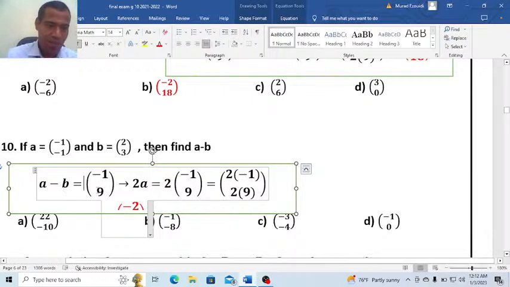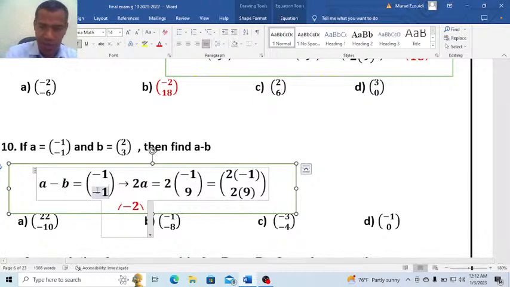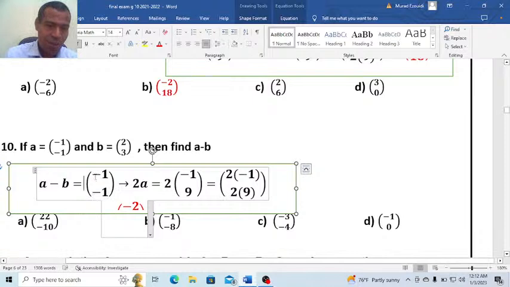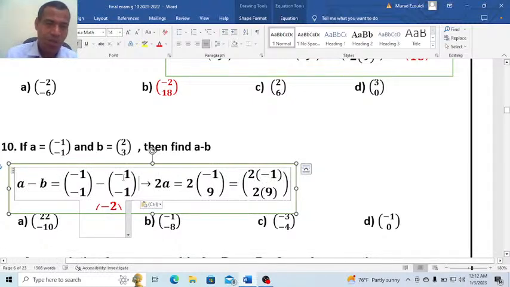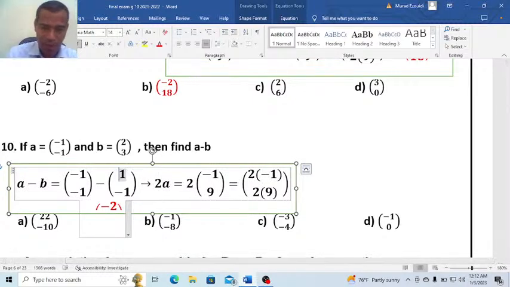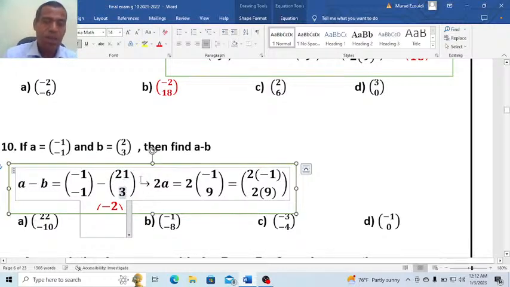It will be minus 1, then minus (2, 3), with 2 on top and 3 below.